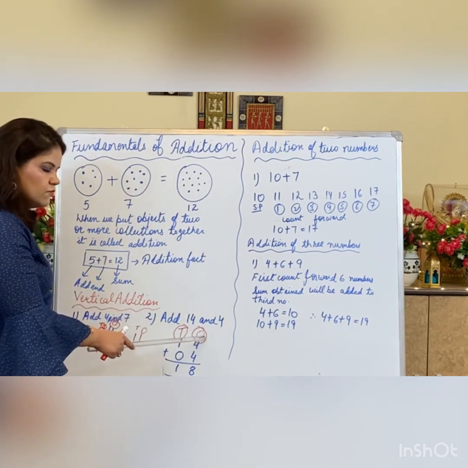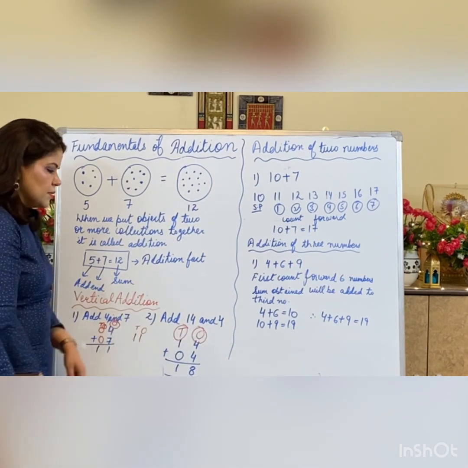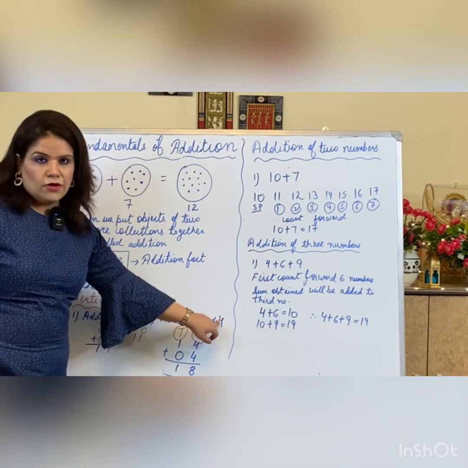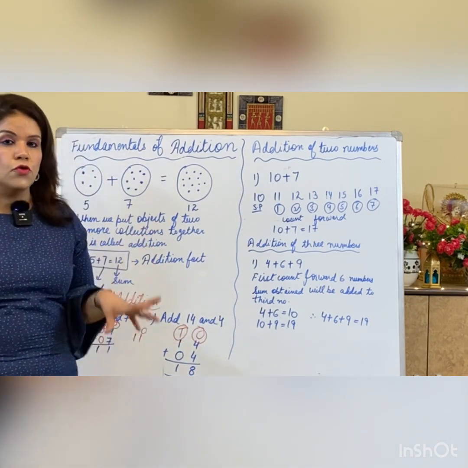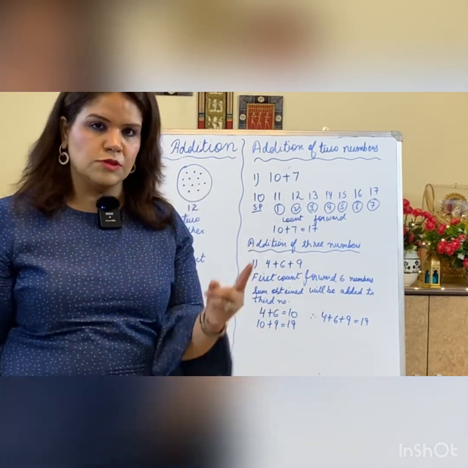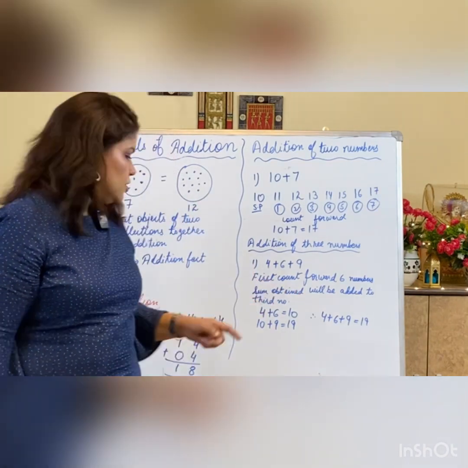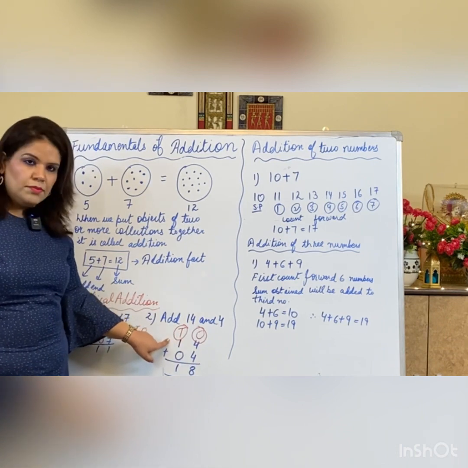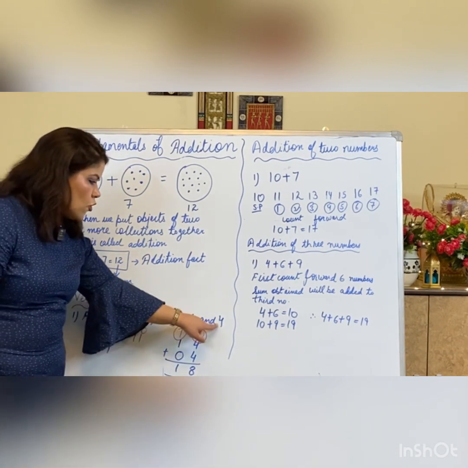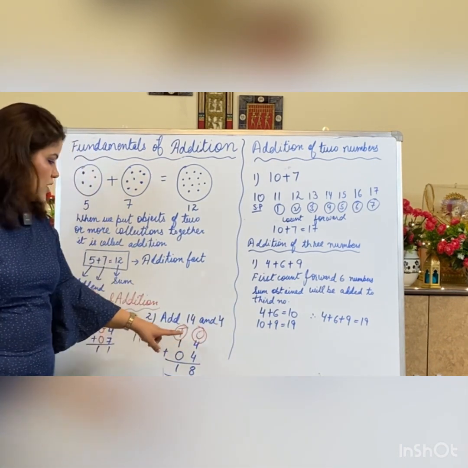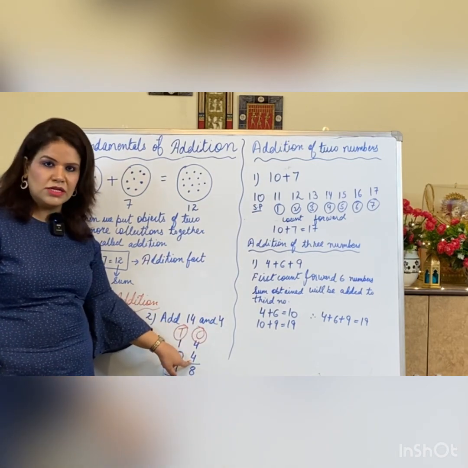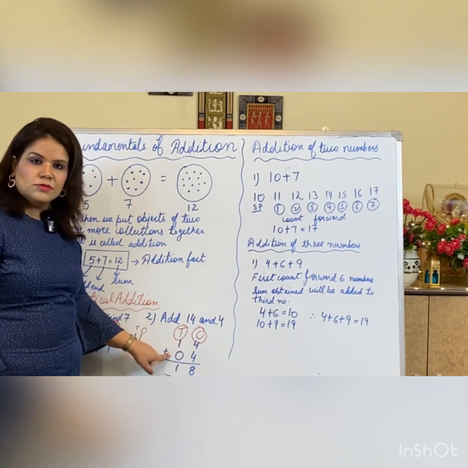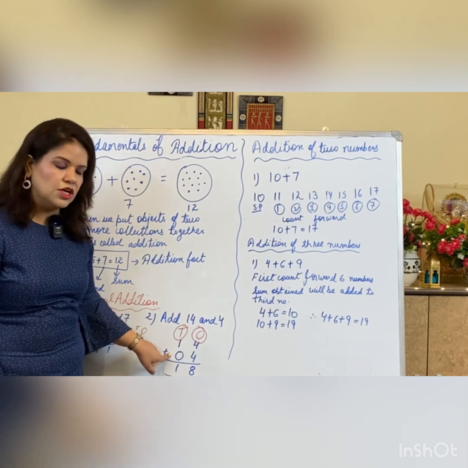So this is again ones place, this is tens place, and I am adding 14 and 4. 14 has two digits, a ones place digit and a tens place digit. So I will be writing 4 below the ones place and 1 below the tens place. 4 is a single digit number, so that will come below the ones place only, and below the tens place for 4 we will have 0.